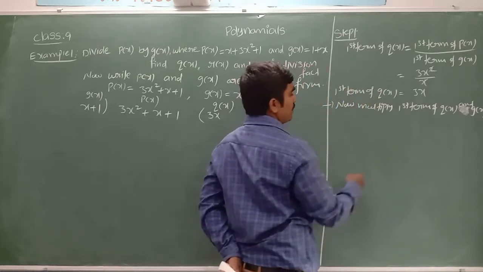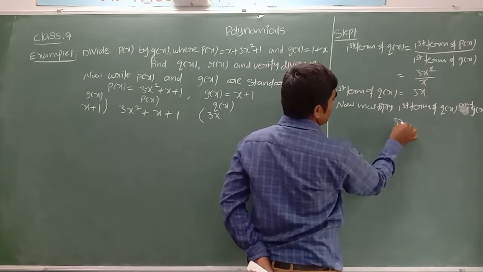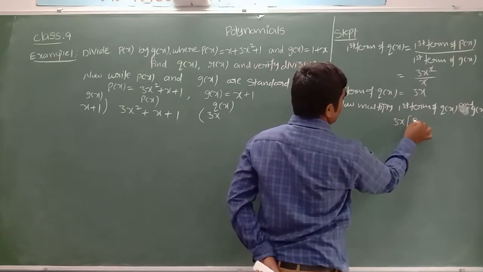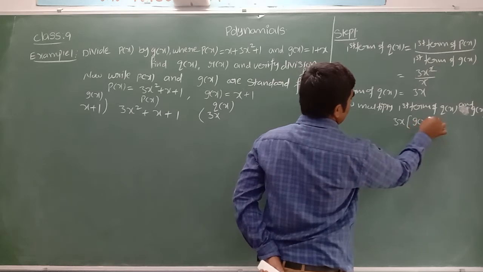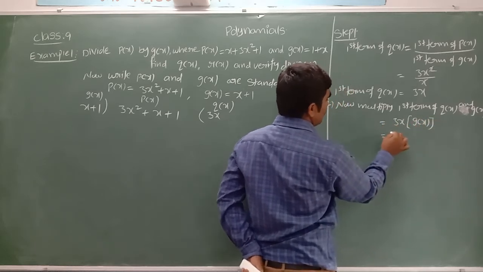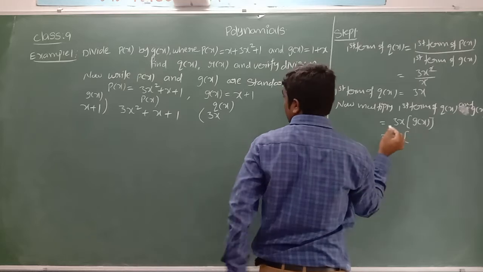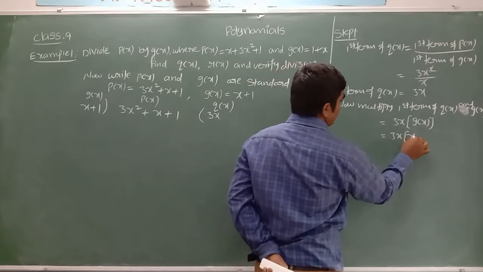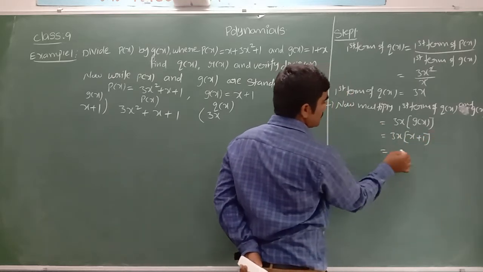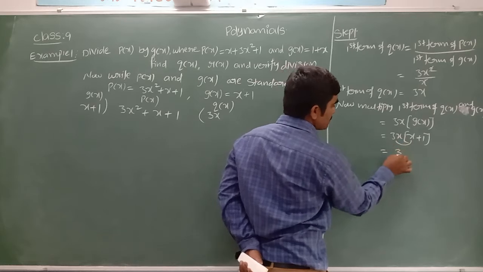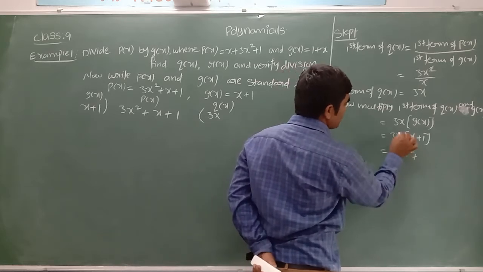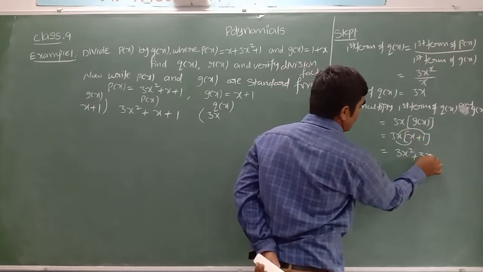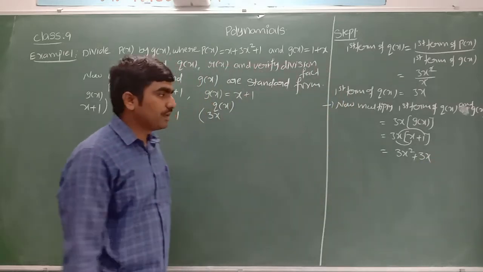Both we need to multiply. What is the first term of q of x? 3x. Multiply with g of x, which is x plus 1. Now 3x into x is 3x square, plus 3x into 1 is 3x. So 3x square plus 3x.